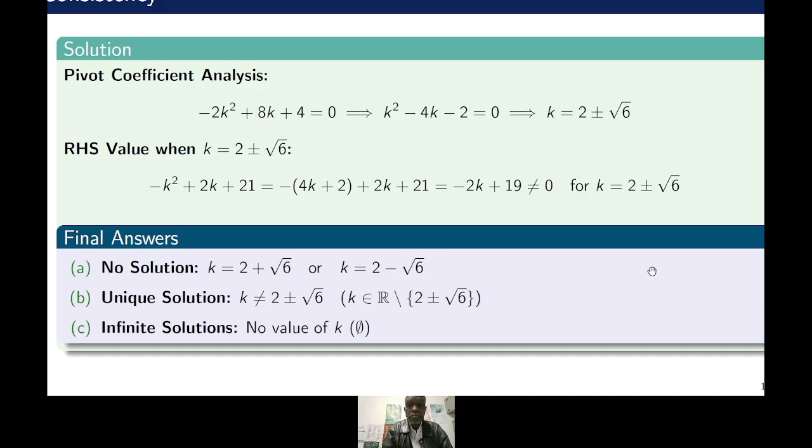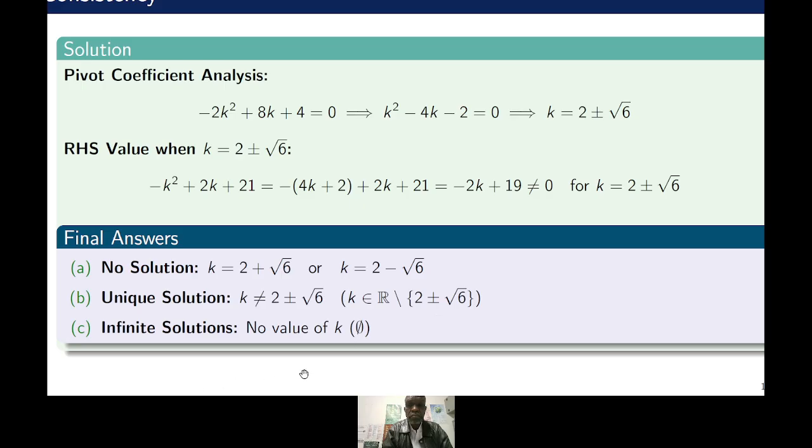Then you have a unique solution if the left hand side is not equal to 0. So as long as k is not 2 plus or minus root of 3, you are going to have a unique solution.